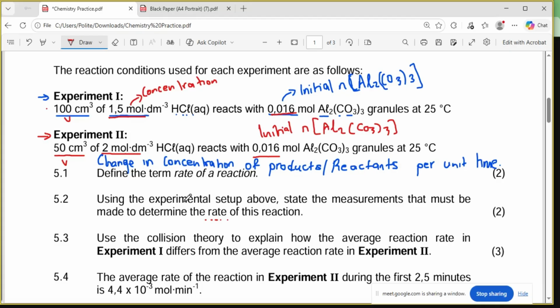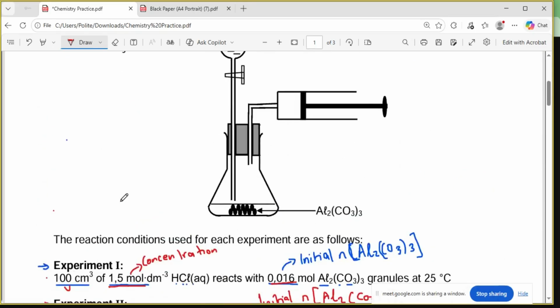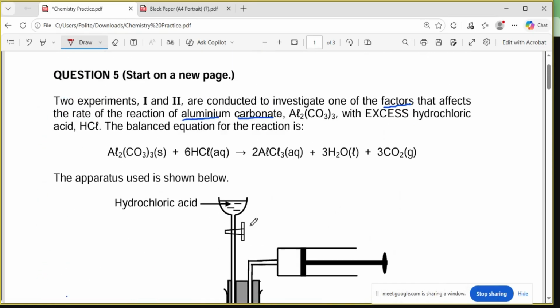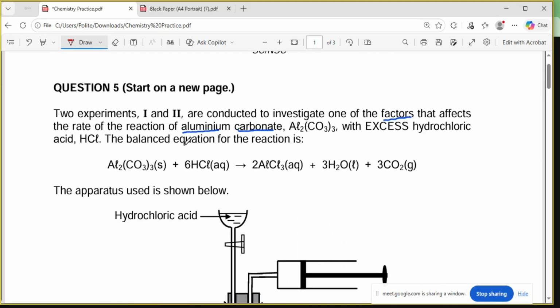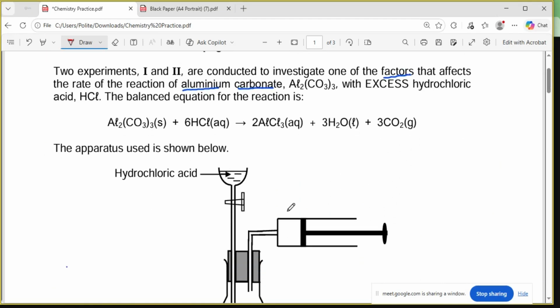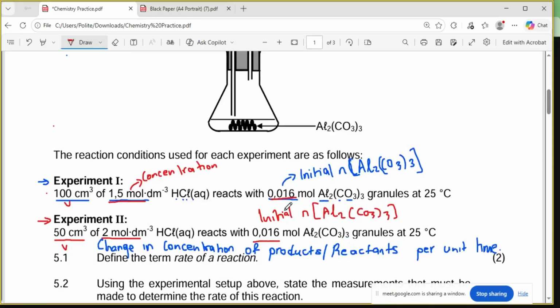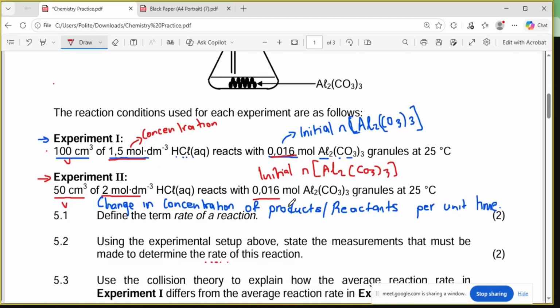So this tells you that we're going to measure the volume of the gas at regular time intervals, or you can say the volume of gas. Okay? Because the question says that in order for us to conduct this, we need to measure the volume of the gas.